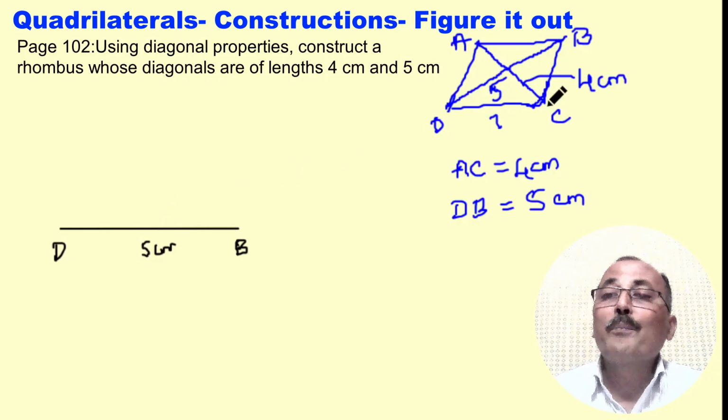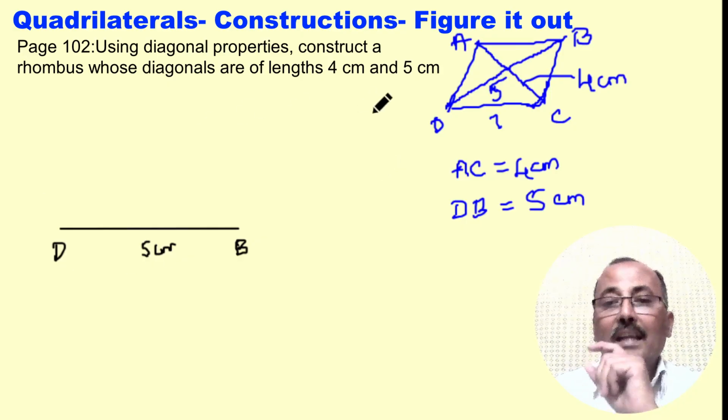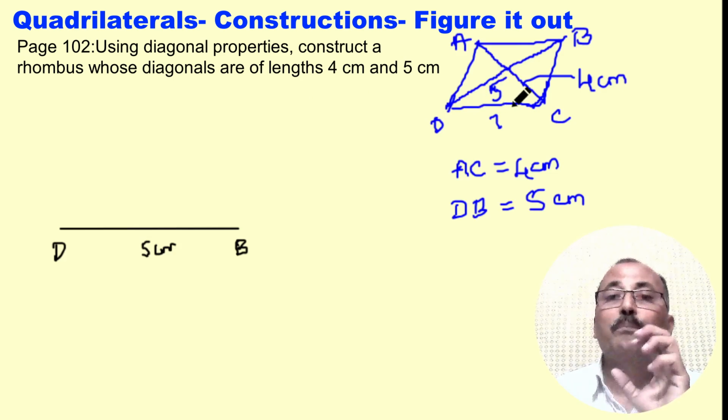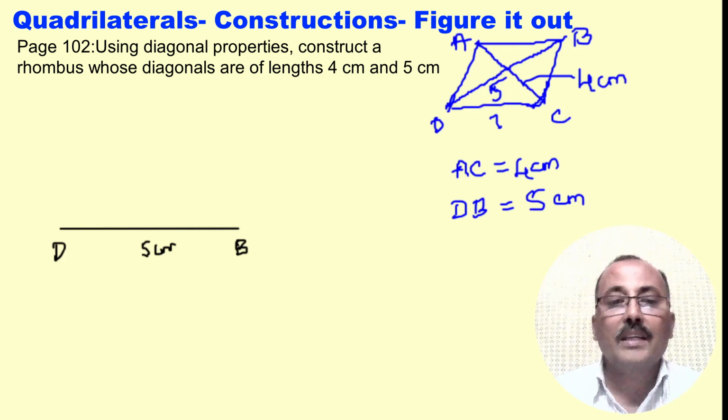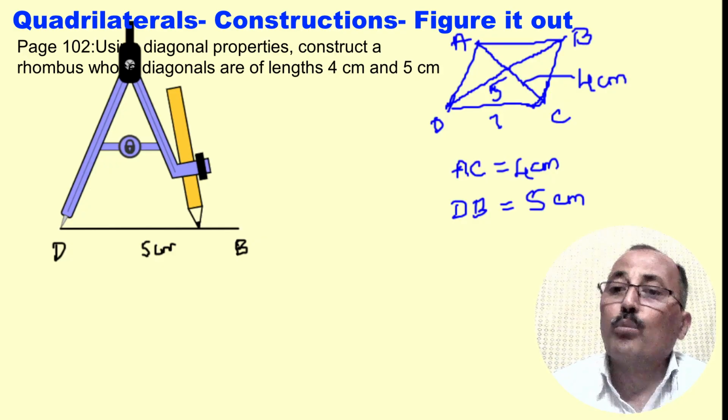Now what is that? You have to draw the perpendicular bisector. How to draw the perpendicular bisector? In a rhombus the diagonals bisect each other perpendicularly. Now take the compass and take more than half. Why more than half?